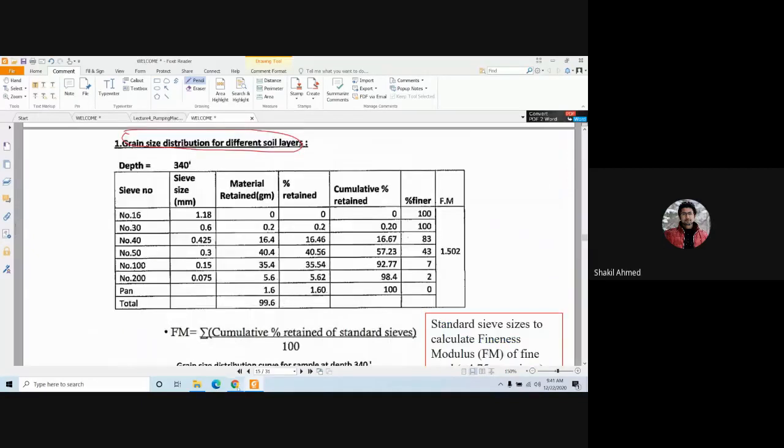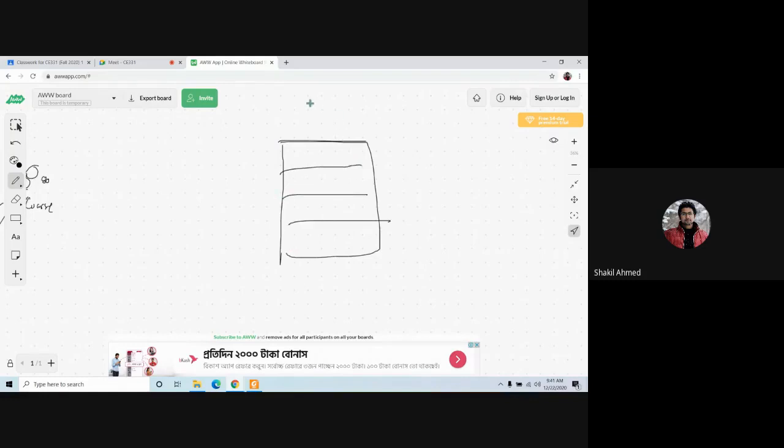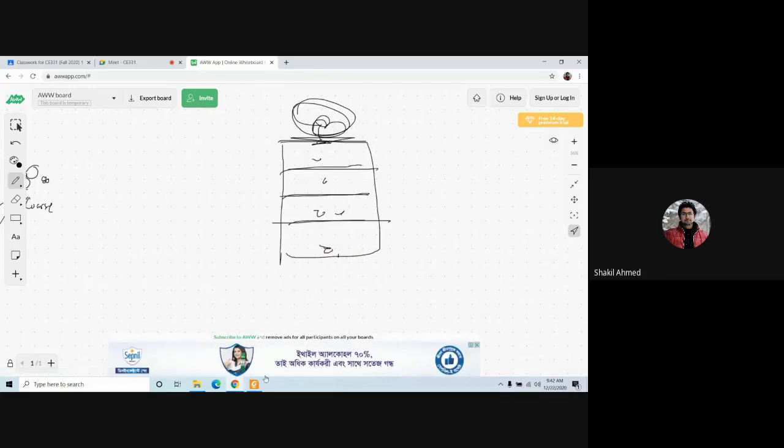What happens is that you have sieves. Here is one sieve, two sieves, number three, number four, many sieves, and you have the soil here. You shake it, and different sieves have different opening sizes, so you capture different sizes of particles.